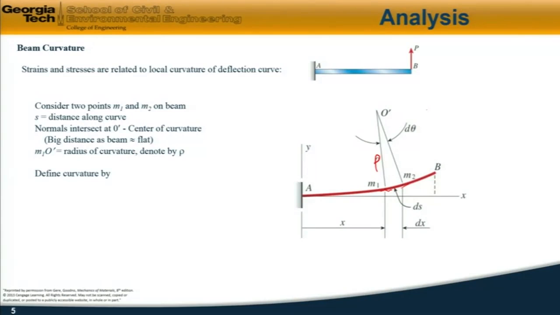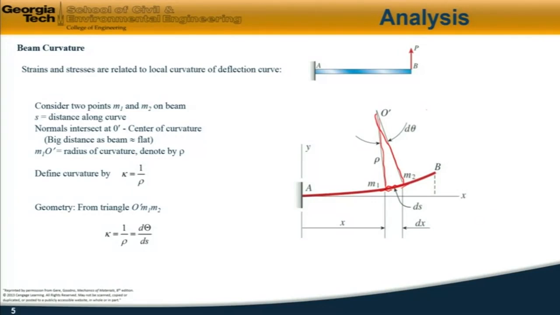And I'll also define the curvature, which we denote by kappa, which is the reciprocal of the radius of curvature, 1 over rho. We can get the relationships between these variables by simple geometry, by assuming that this is just approximately a triangle here, O prime M1 M2.